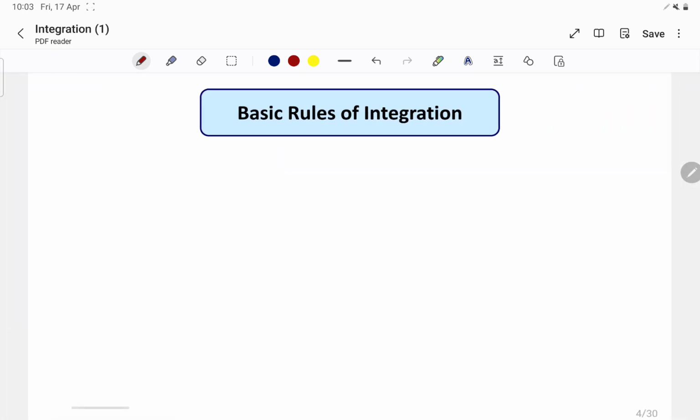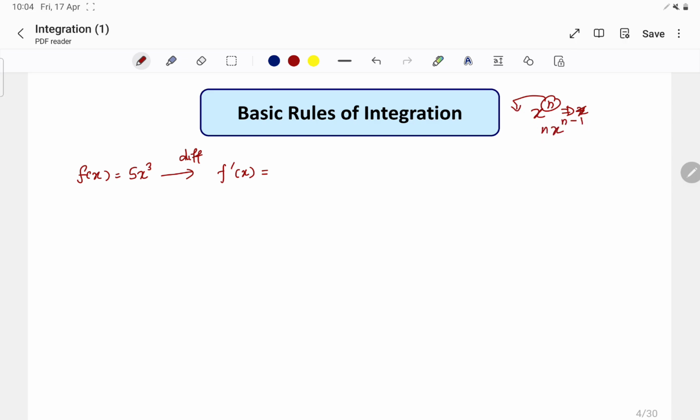Let's say we have f(x) equals 5x to the power of 3, and then I differentiate this. I will get f'(x). Remember, if you differentiate x to the power of n, you bring the power in front, and you get x to the power of n minus 1.